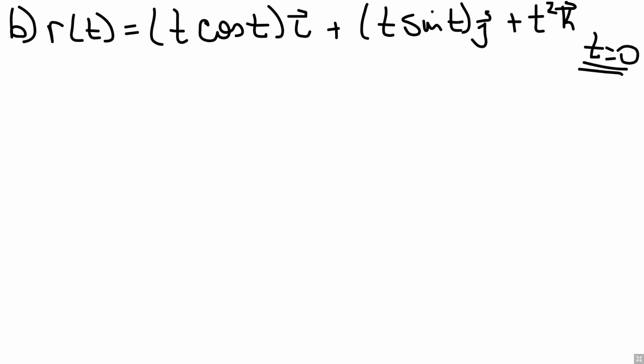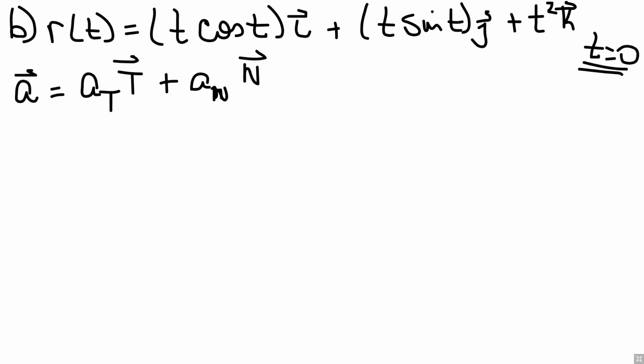Okay, so we're going to use that to help us come up with values instead of leaving things in function notation. So again, what we want to do is take the acceleration vector and write it in terms of component forms of the unit tangent and the unit normal.